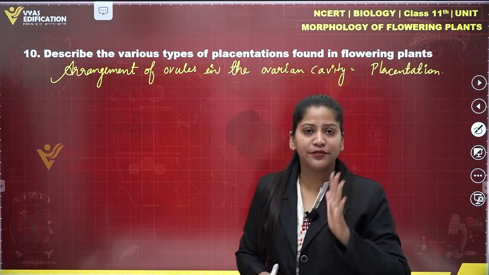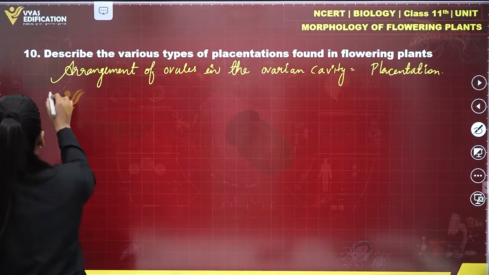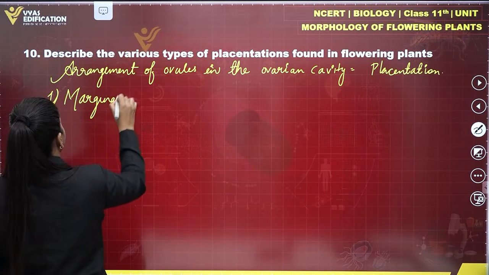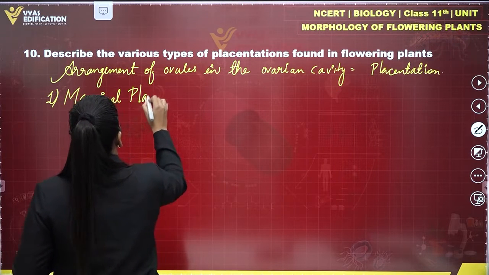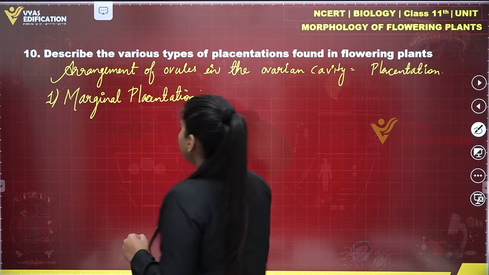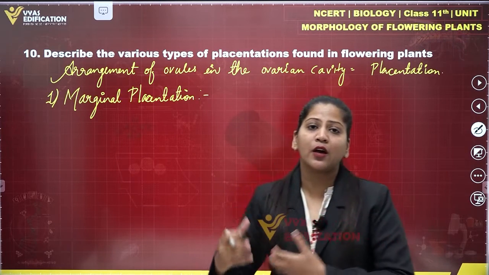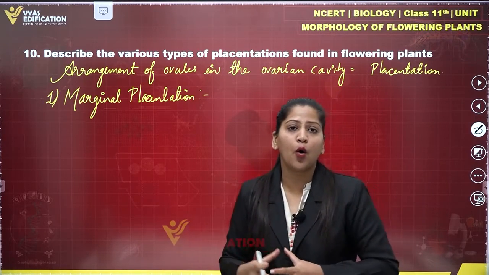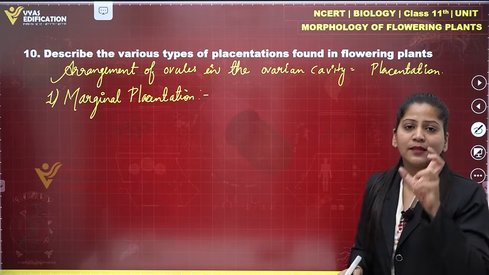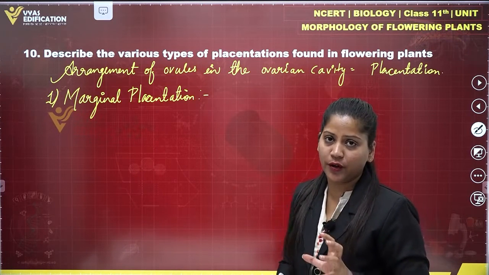We have basically 5 types of placentation. The first one we have is marginal placentation. In this type of placentation, the placenta forms ridges which cross the ovary's suture.